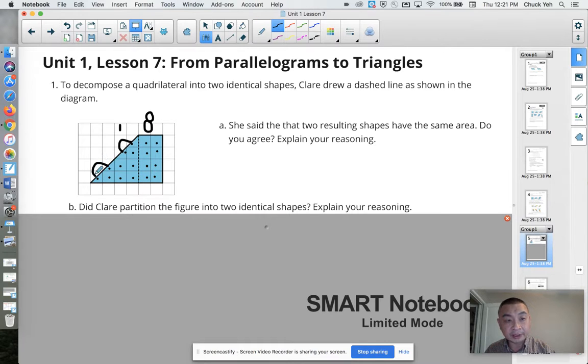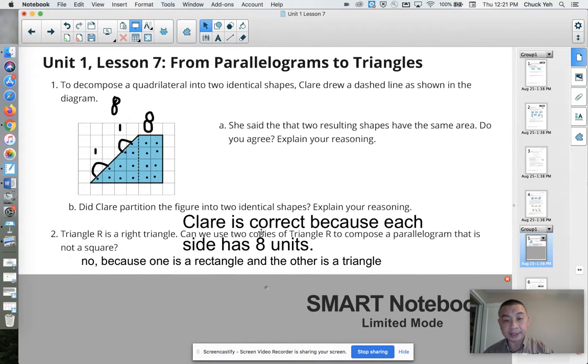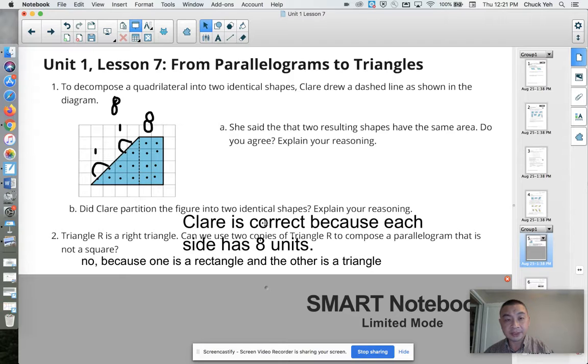They equal 1. So what's 6 plus 1 plus 1? It's 8. So do they have the same area? Yes. And how do we know that? Because there's 8 square units on each side. Okay, so go ahead and write that out, kind of like what I have right here.